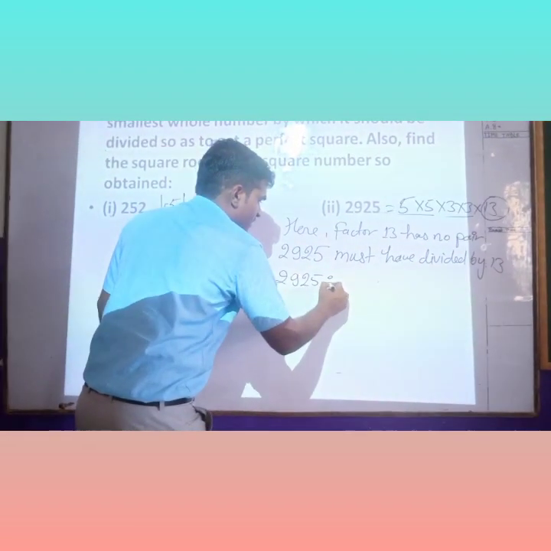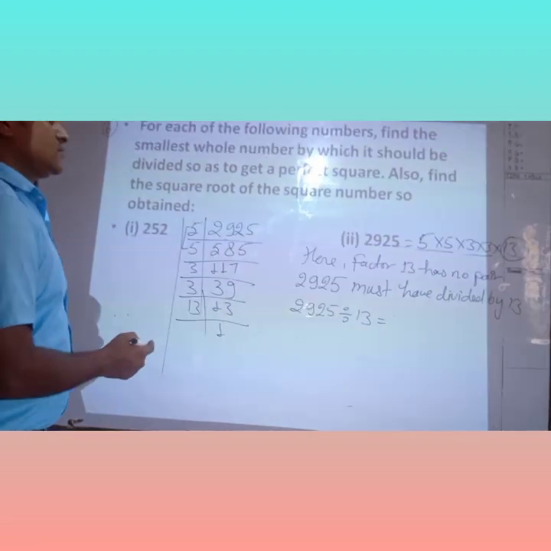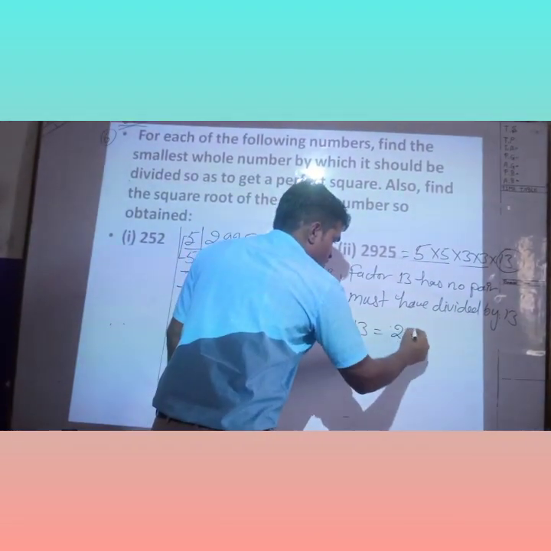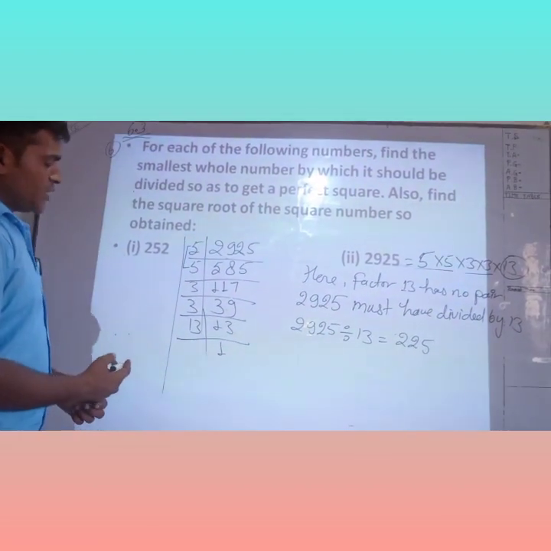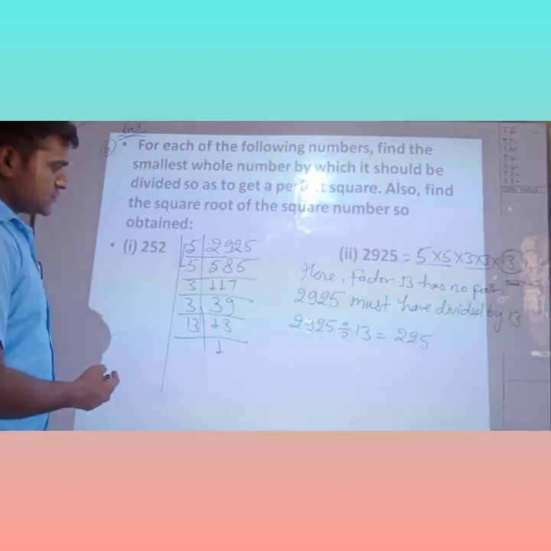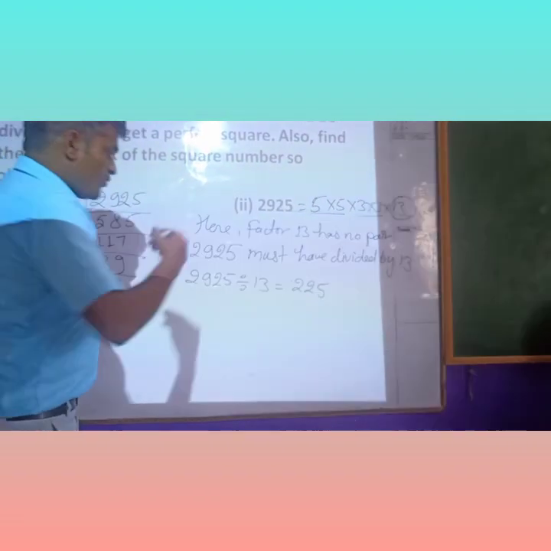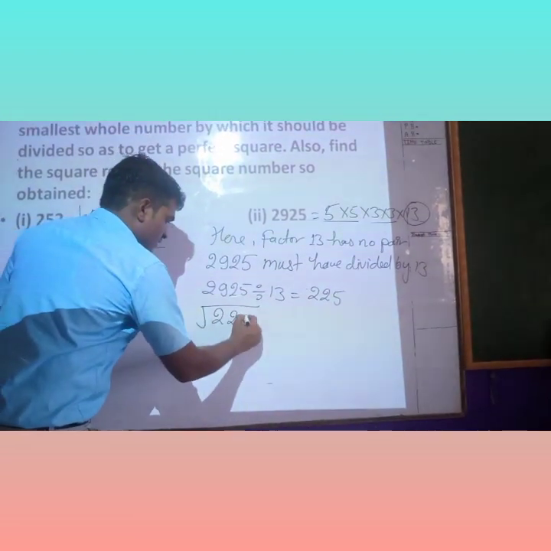When 2925 is divided by 13, it gives 225. So children, now we have 225. Now we have to find the square root of 225.